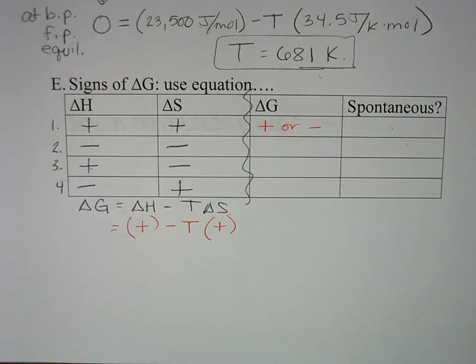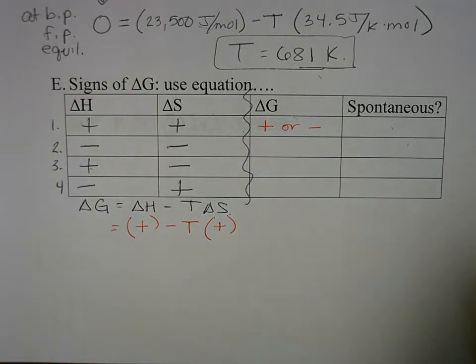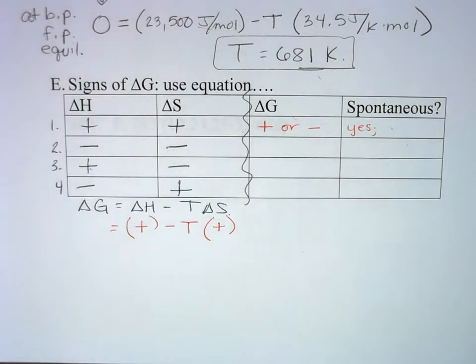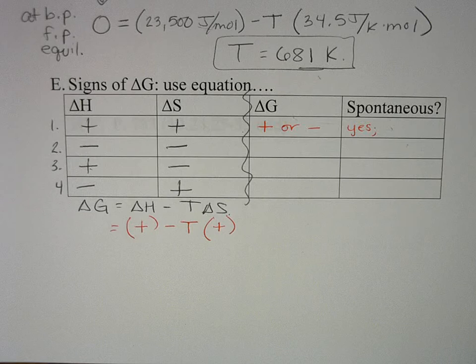So then how do you figure out when it's spontaneous? Yes, it can be sometimes, and other times it won't be. So what you want to think about is what the temperature has to be like in order to make this answer negative. Does this T times delta S need to be a big number or a small number for me to get a negative answer?